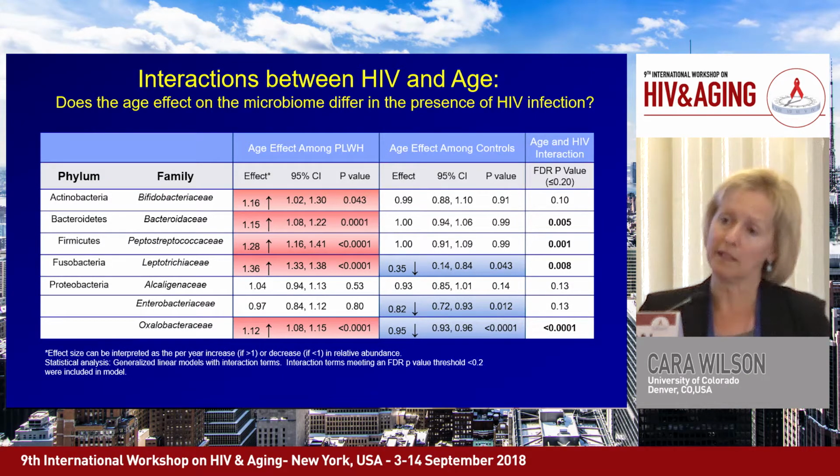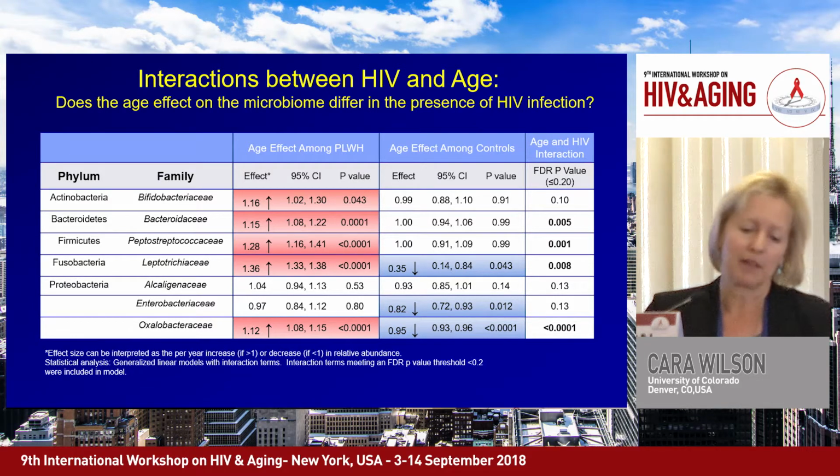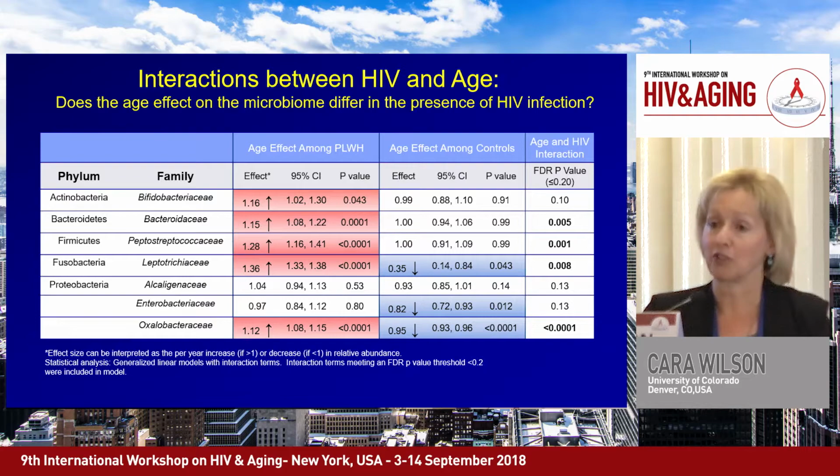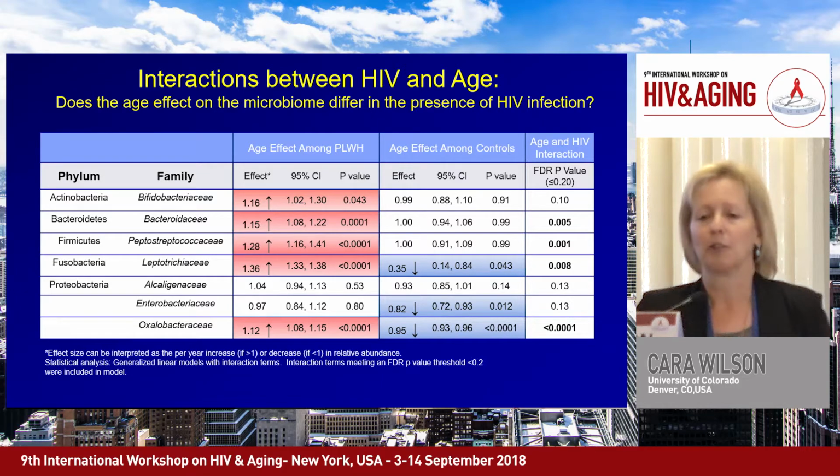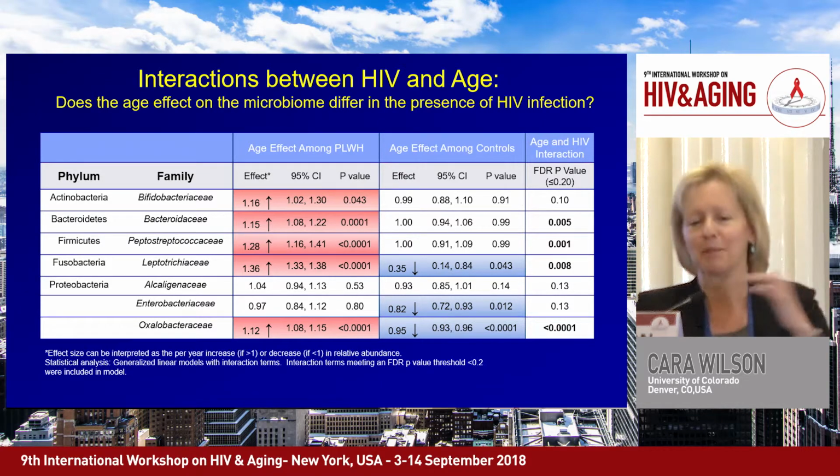However, when you look at the age effects in our control group, you can see that there are very different patterns. And there are positive interactions, age and HIV interactions. The take-home message here, we're still parsing through what it means for this one to go up and this one to go down.